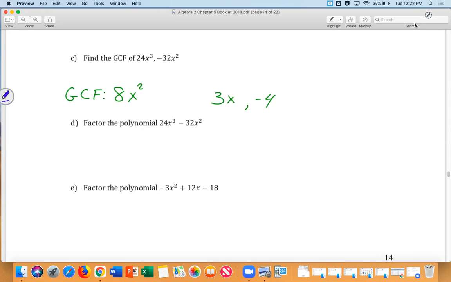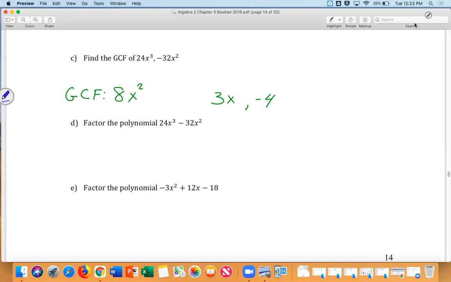What if it was negative 8 GCF? That'd be wrong. Justin's asking, could I pull out negative 8? The answer is yeah, you could. But if you pulled out a negative 8, you'd be flipping the signs, right? So I'd be doing 24 divided by negative 8, and this would be negative 3.